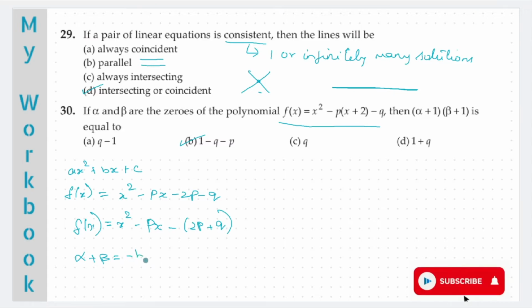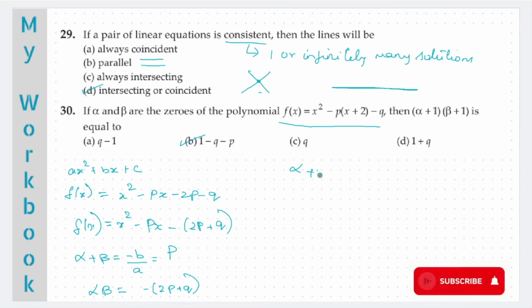Alpha plus beta is minus b by a, which will be p, and alpha beta, the product of the roots, is c by a, which will be minus 2p plus q.